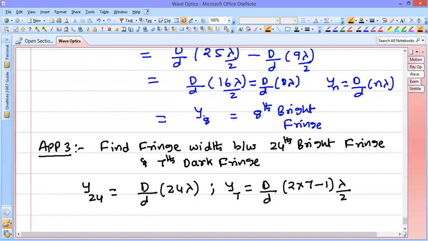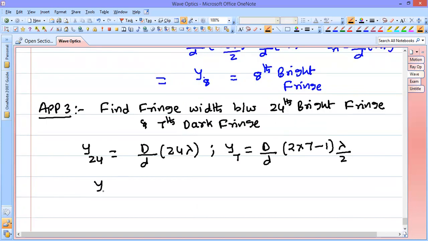So we can say that Y24 minus Y7 I can write as capital D by small d times (24 lambda minus 13 lambda by 2).